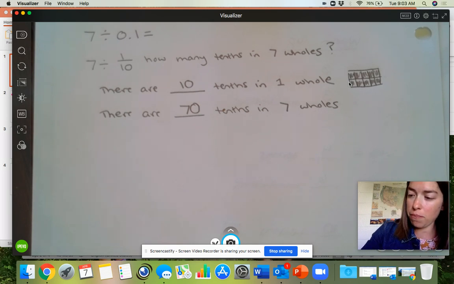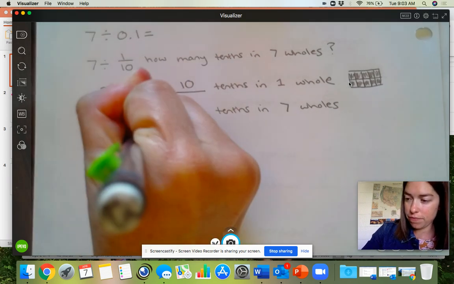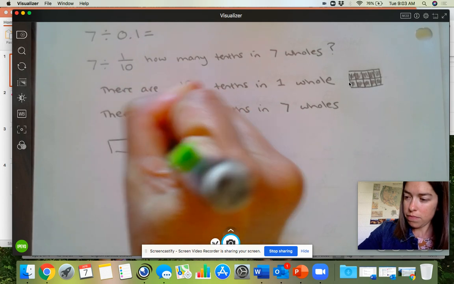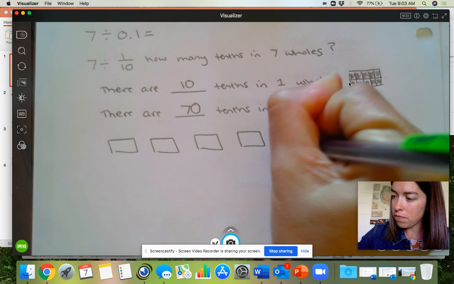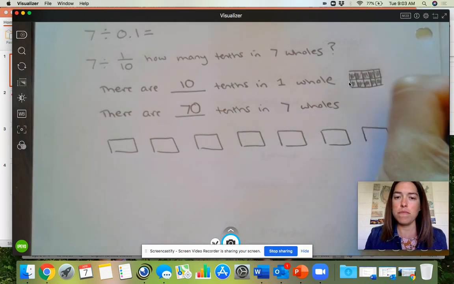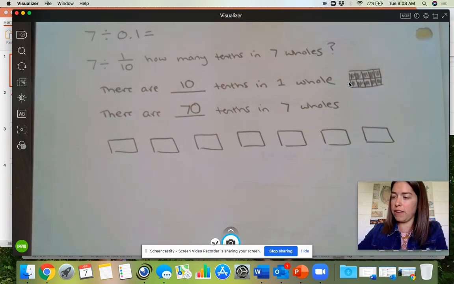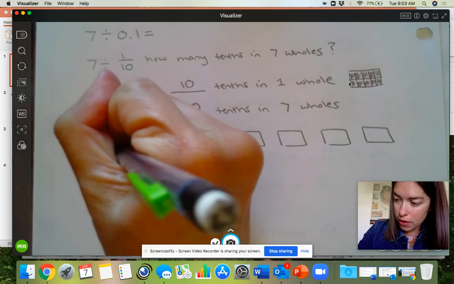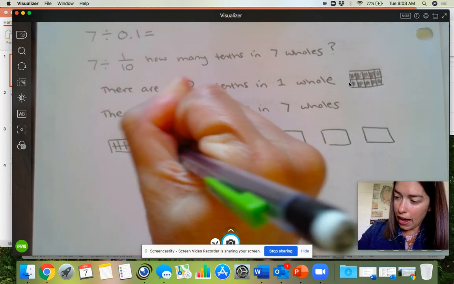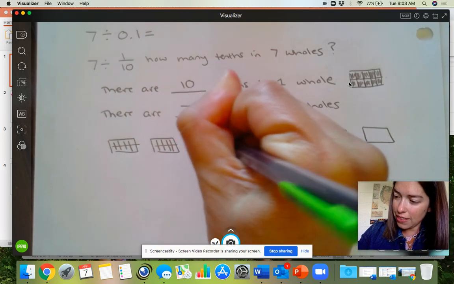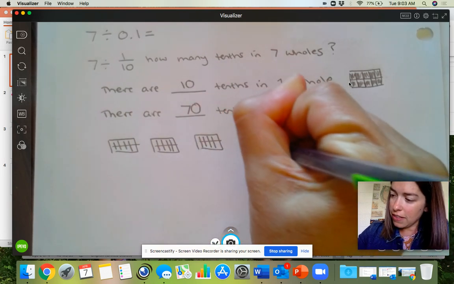I'm now going to draw out my 7 wholes. I'm going to split each one into tenths. You're doing this on your paper along with me. I think the easiest way to do tenths is to do fifths and then cut those in half.